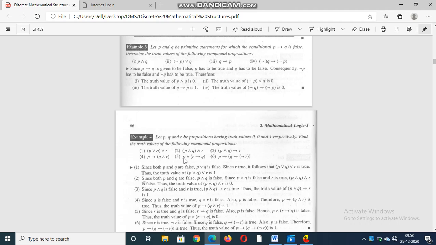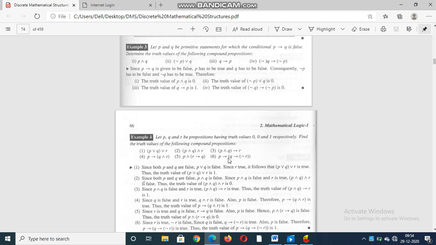So the fifth one, P conjunction R implies Q. What is the value of R? 1 implies 0, then definitely the output is 0. 0 conjunction 0, definitely the output is 0. Fifth, you observe here, it is 0.